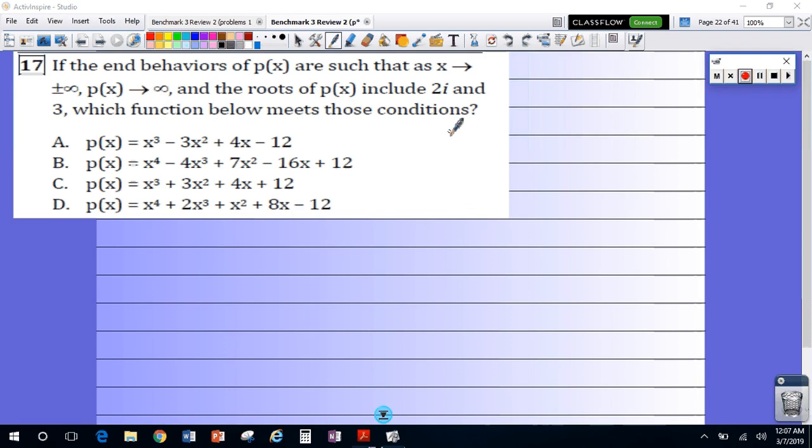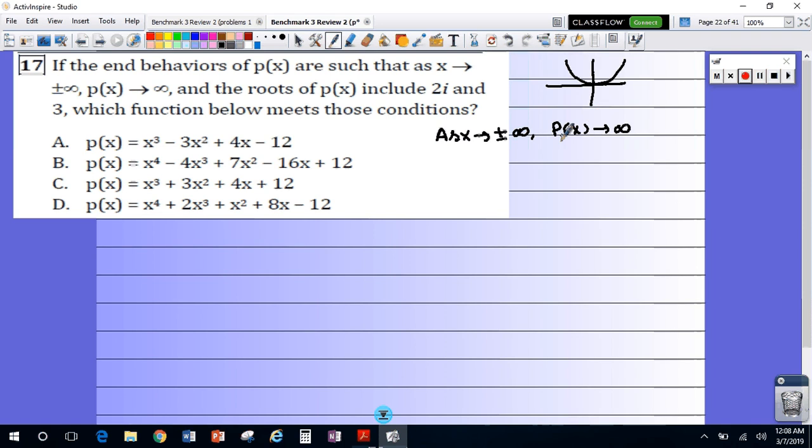Yeah, in this problem number 17, the end behavior is given in mathematical form, right? So as x tends to positive or negative infinity, your p of x is tending to positive infinity. It means the curve looks like this, right?